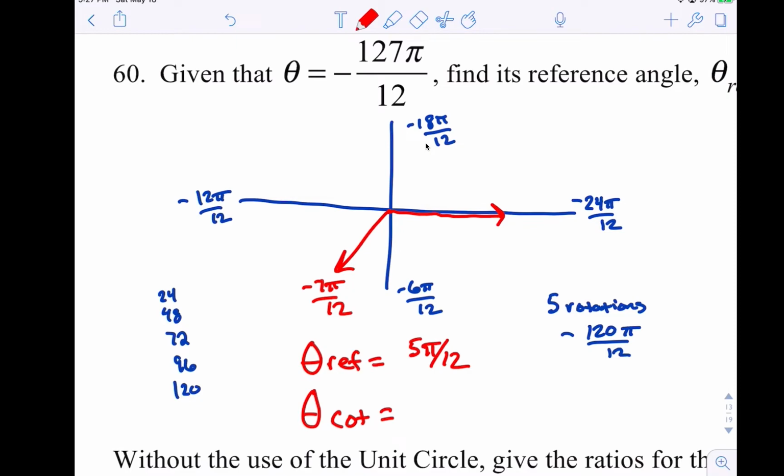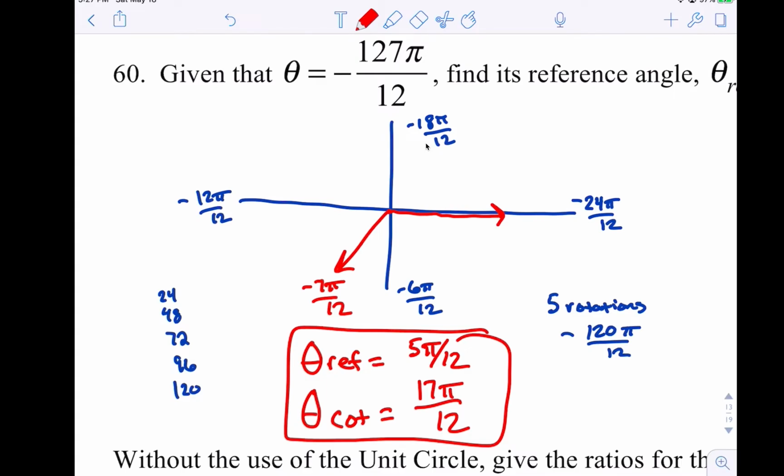So if I add 2 pi to that, 24 pi over 12 plus -7 pi over 12 is going to be 17 pi over 12. So those are my two answers there.